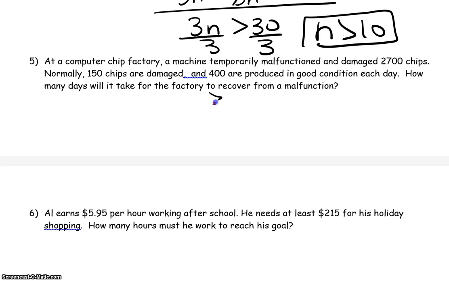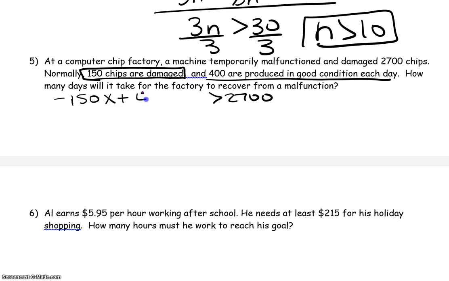So you know it needs to be greater than 2,700. And it says 150 chips are damaged, so that's negative 150x, and 400 are produced in good condition, so plus 400x.